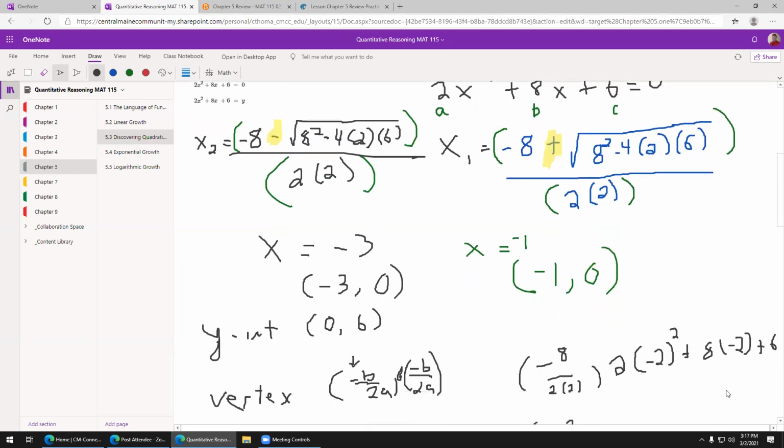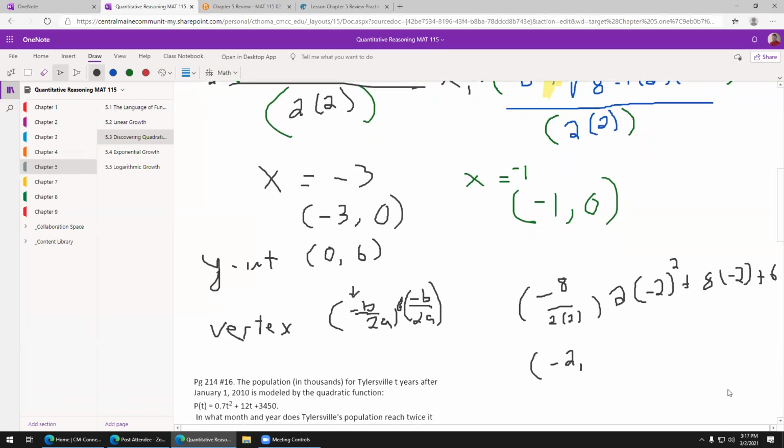I put -2 into the equation, right? So I clear out everything on my calculator. Remember, when you put a negative in your calculator, you have to put it in parentheses or your calculator is not going to square that negative.